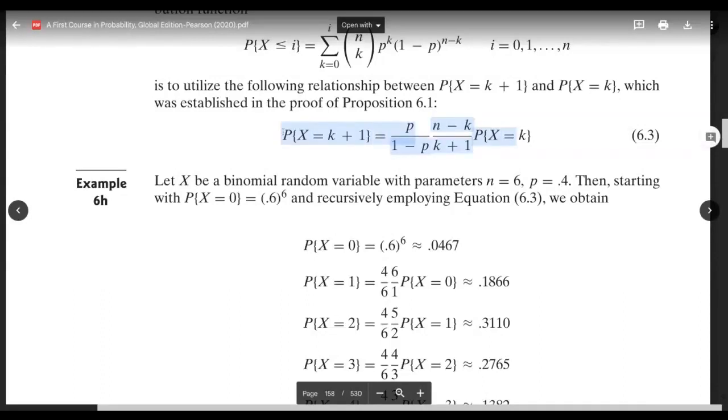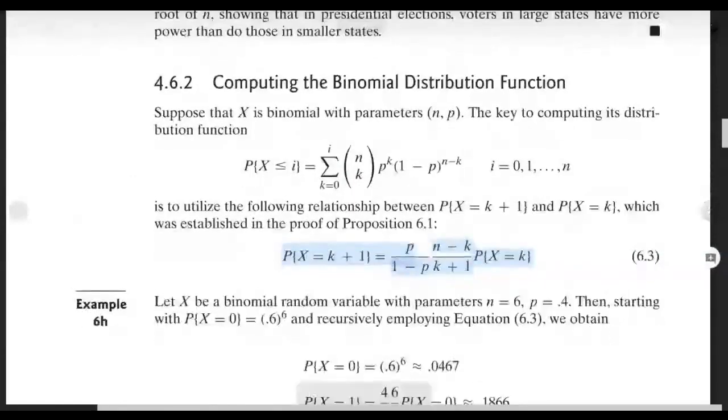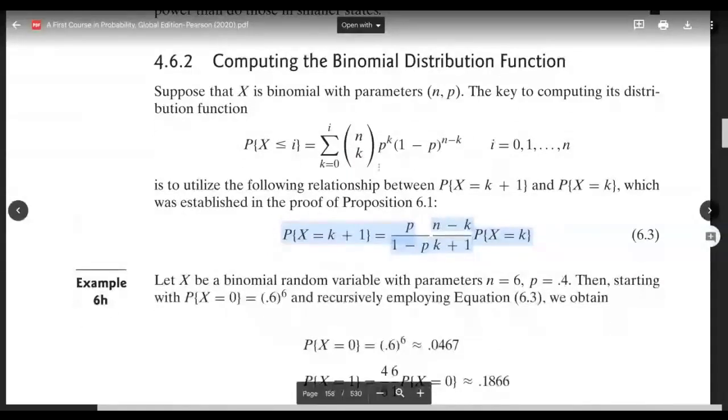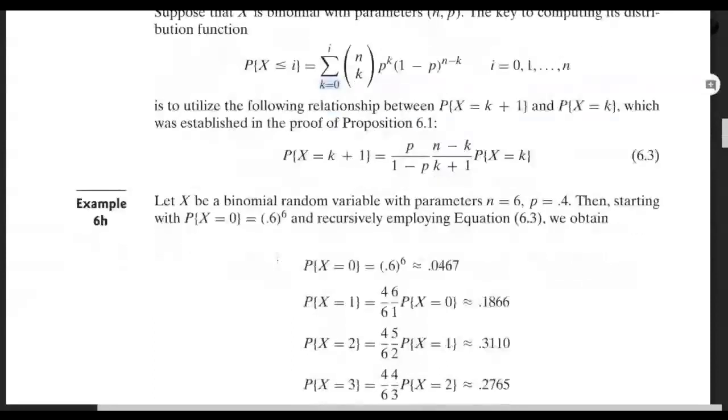Okay, this could be very useful for us in the future. Let's see the condition on k. K goes from 0 to n minus 1. So k starts from 0, basically. That's what we want to know.